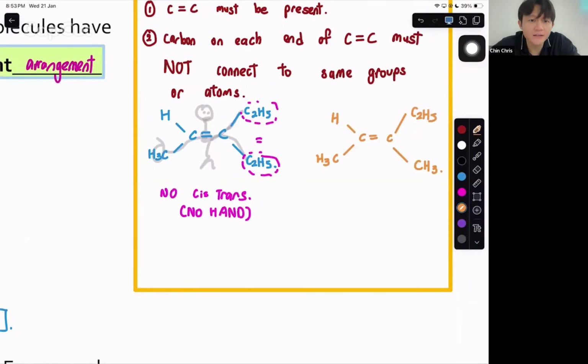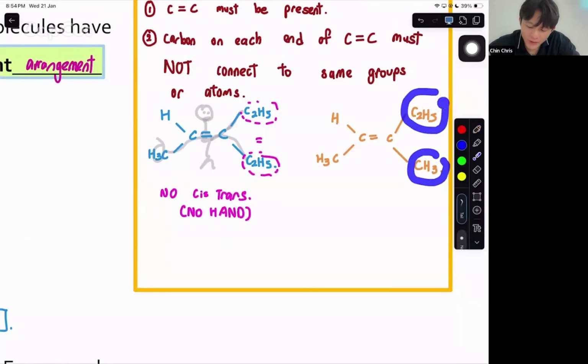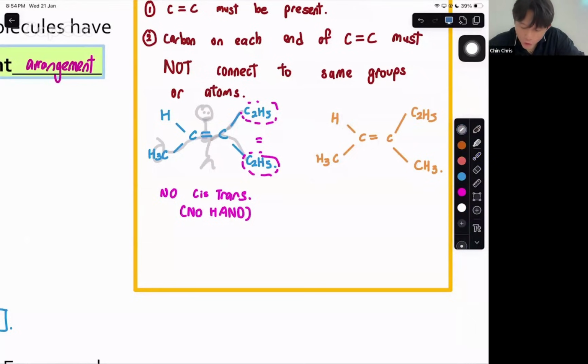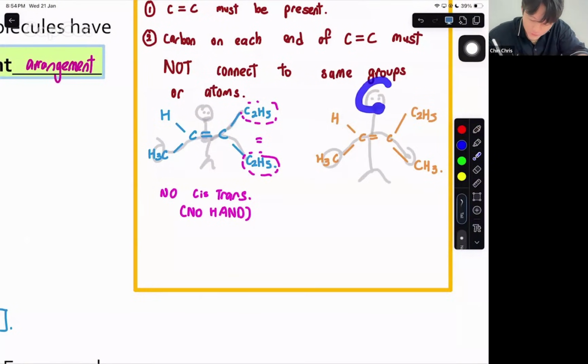Okay, this can show a cis trans on one reason, guys. Why? Because you see, this part and this part are not the same. Can see that? And this also not the same. Clear? Okay, so I can draw my statement like that. Can see that? So this fella is doing a cis.